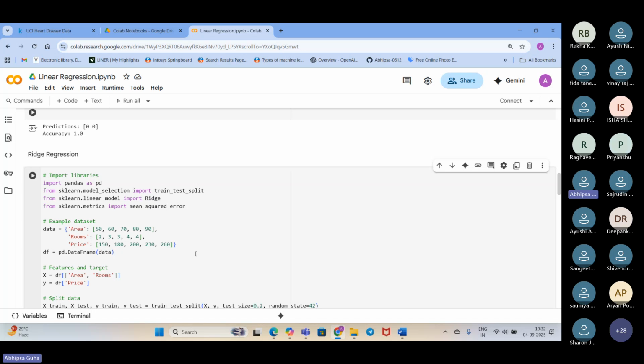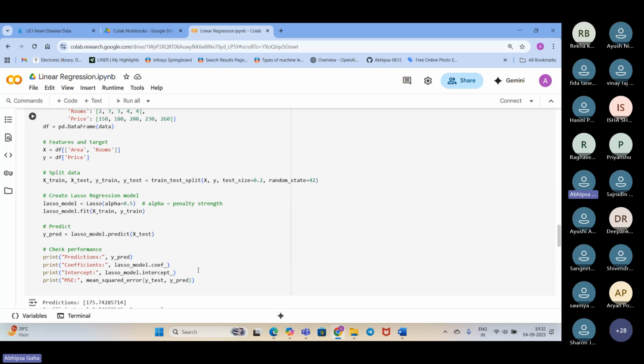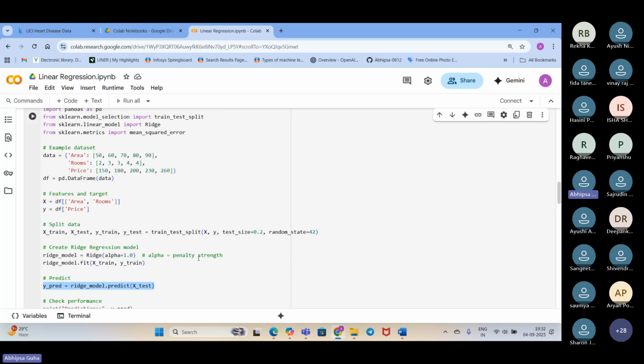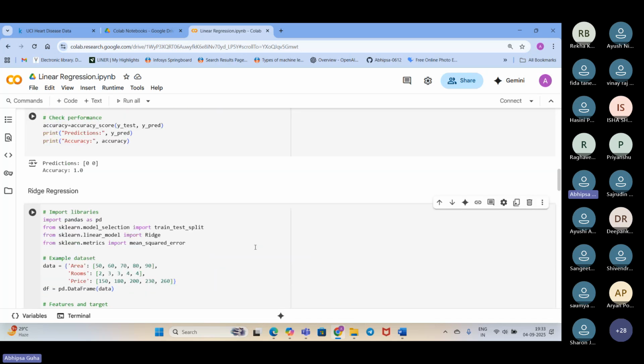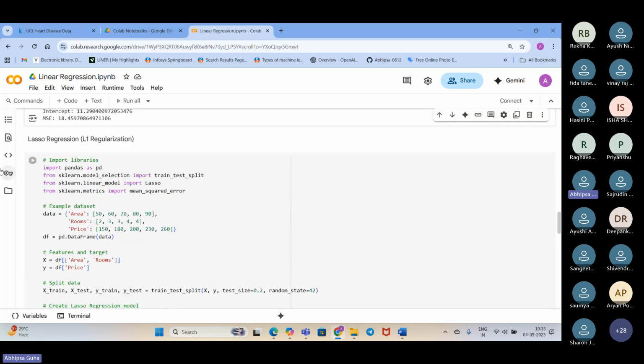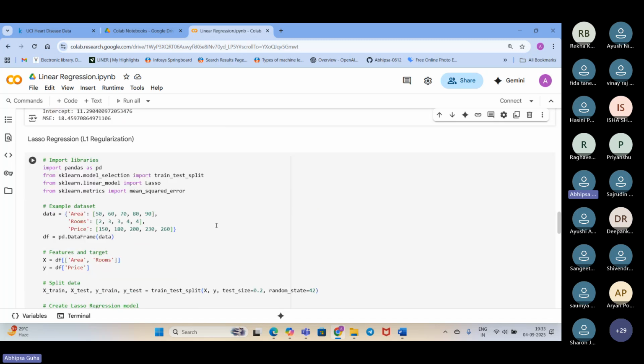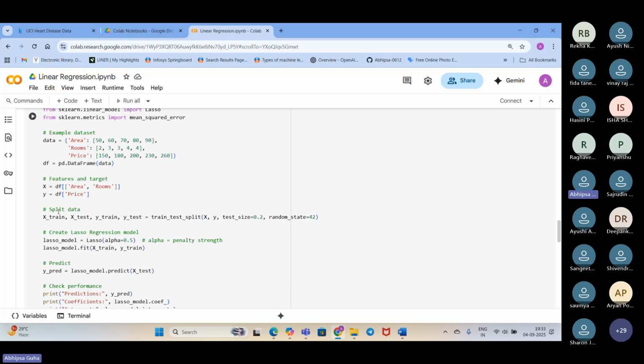Okay, fine. So let us just go through the code. Similarly, just like this ridge regression, it has taken the libraries, the same example, created the data frame, converted it into the features and the target, marked the X value and the Y value, and split the data accordingly.